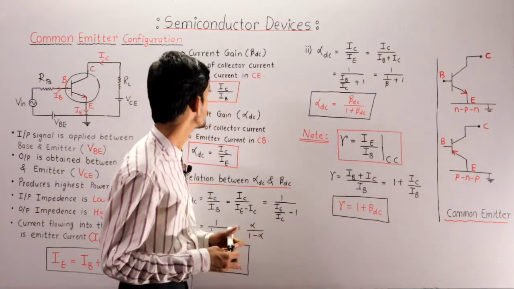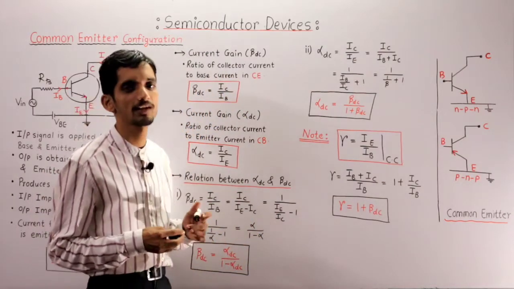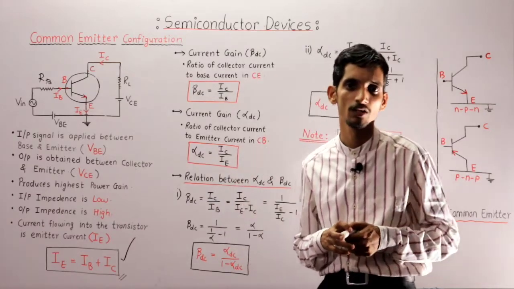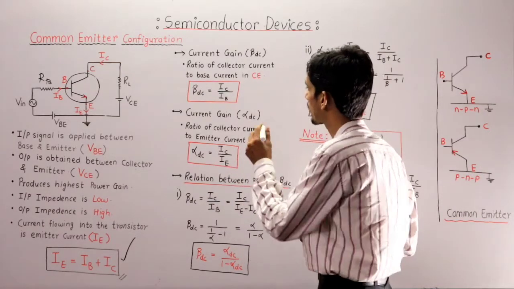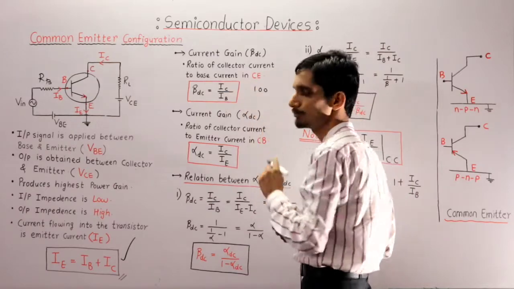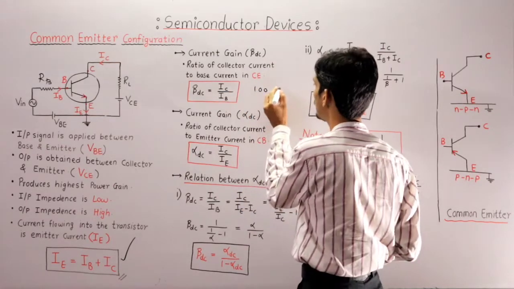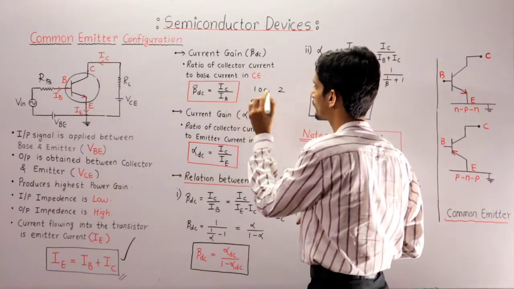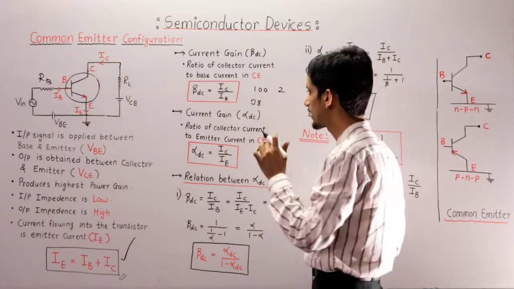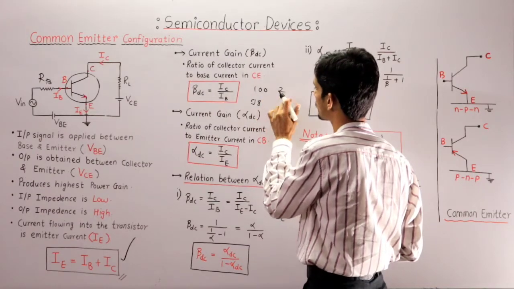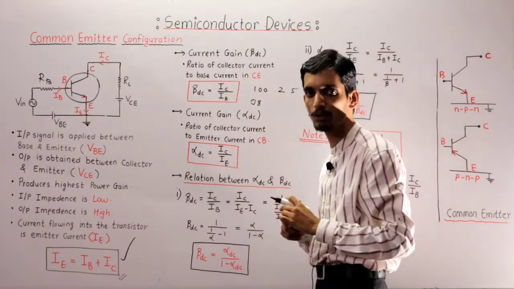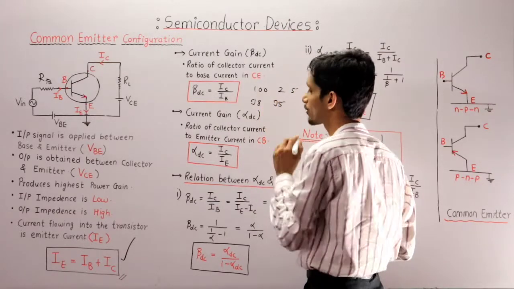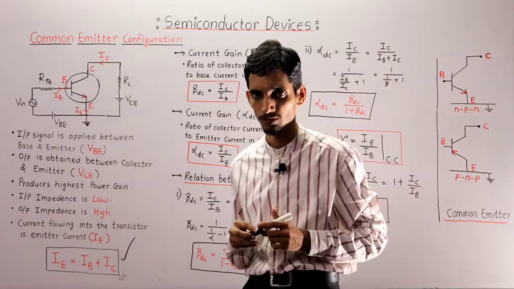Now listen here. What does the current gain of the transistor actually mean? Suppose 100 electrons are emitted by the emitter, out of which 2 electrons recombine in the base and the remaining 98 electrons enter the collector. In the second case, also 100 electrons are emitted, but now 5 electrons recombine with the holes inside the base, so the remaining 95 enter the collector.